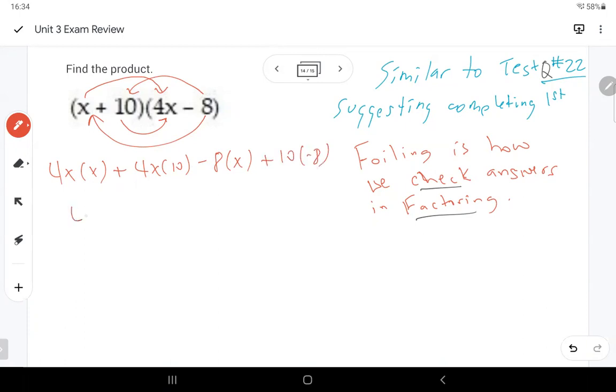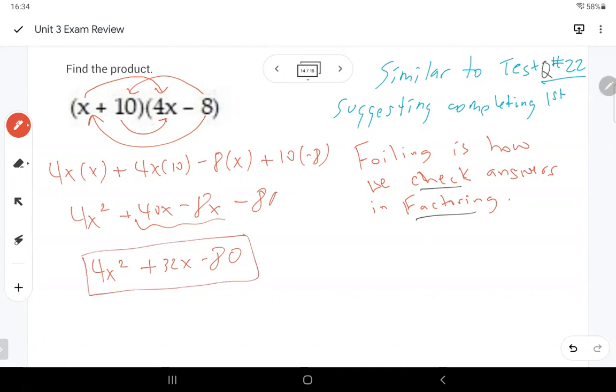So we simplify it: 4x squared plus 40x minus 8x minus 80. And then we want to simplify here. So we'll have 4x squared plus 32x minus 80. And that matches. So we're good to go.